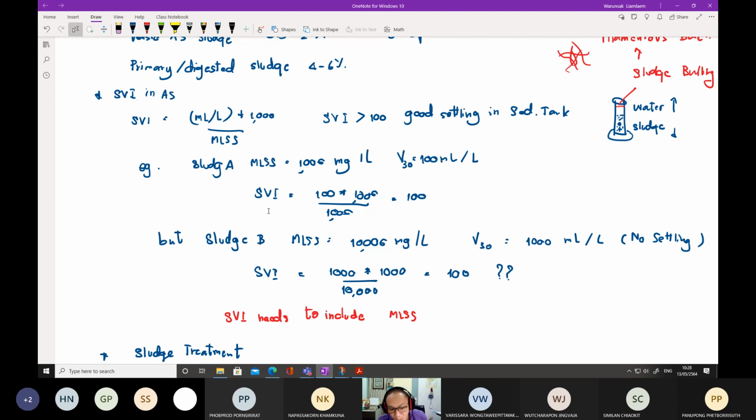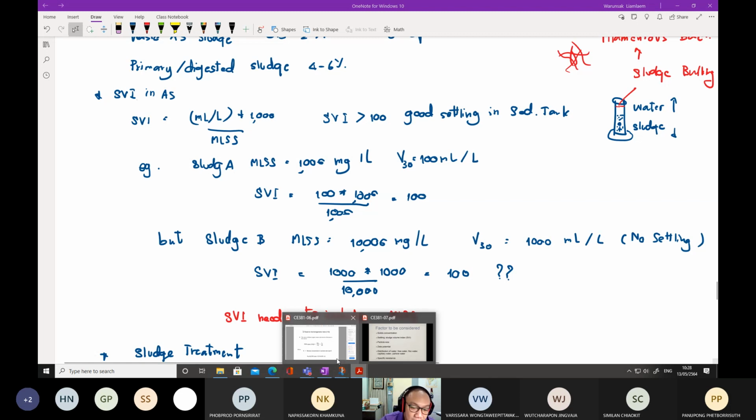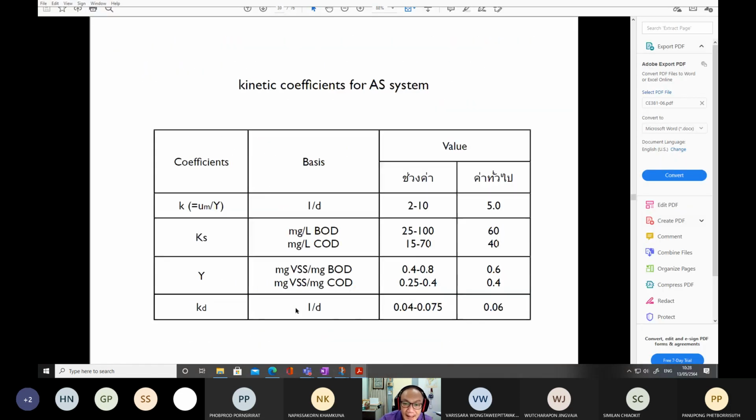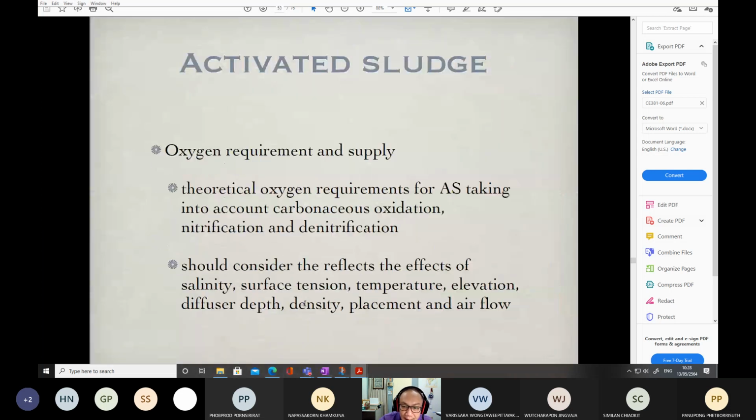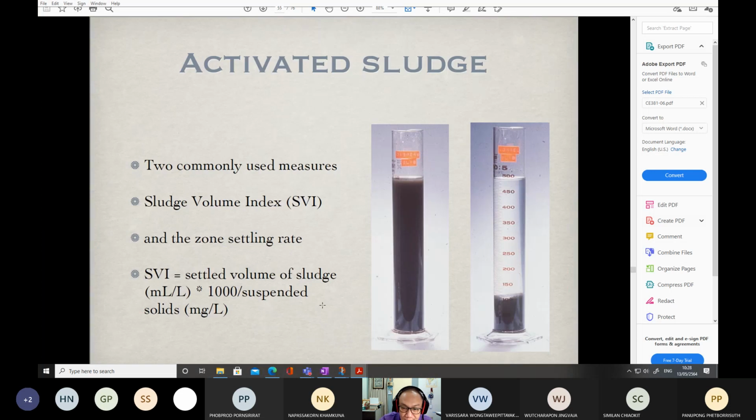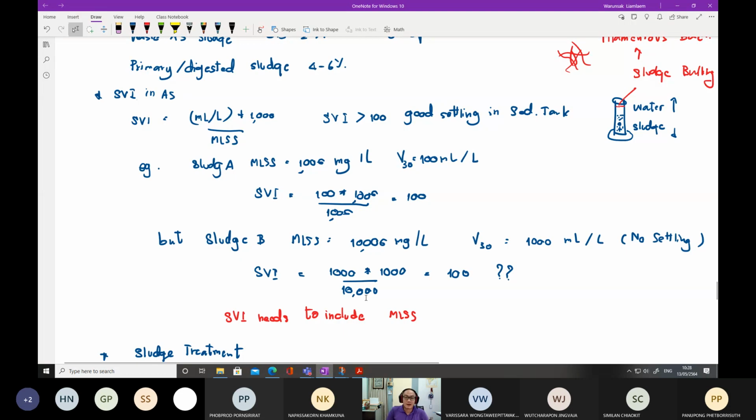So remember what you have to do: we take the water from the aeration tank, put it in the cylinder like this, and after we leave it for 30 minutes, we read this value, how many milliliters per liter of sludge is obtained from this measurement, and after that we can determine the SVI.